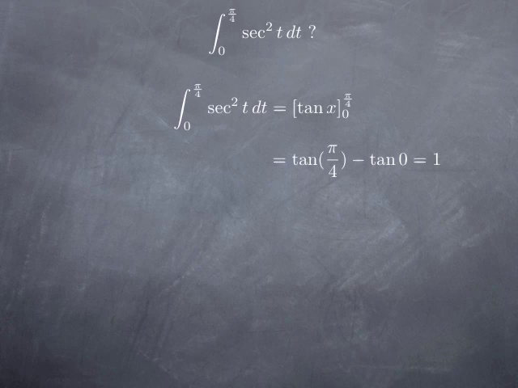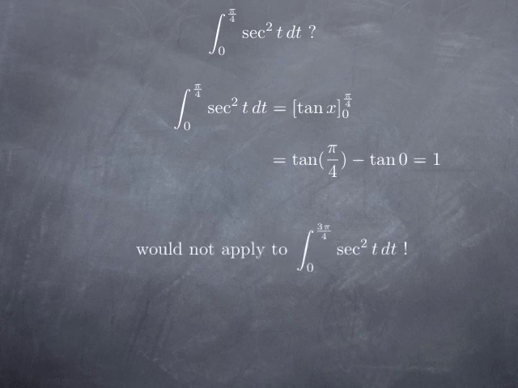Now with this kind of function you have to be a little bit careful. In this case we have no problem applying the fundamental theorem of calculus because the function secant squared, which is 1 over cosine squared, is well defined and continuous on 0 to pi over 4.